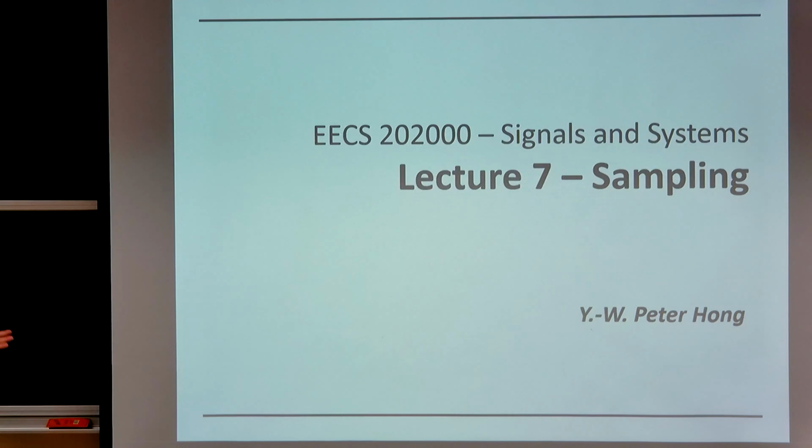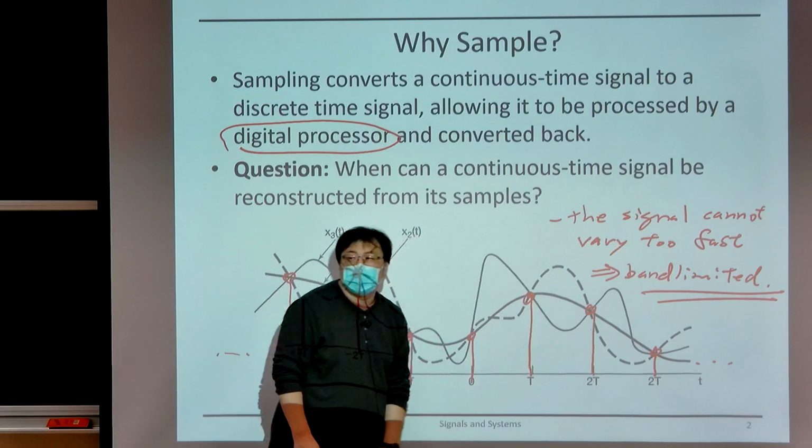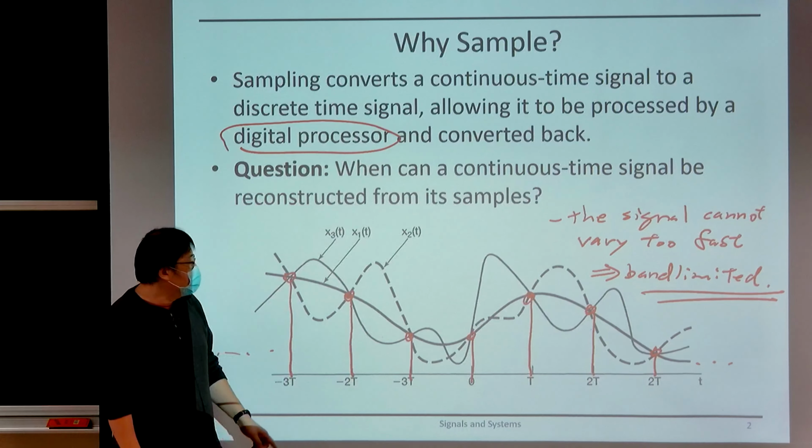Now, instead of dealing with this continuous time signal, we often would like to take samples from this signal as a representative of it. What I mean by sample is taking the values of this continuous time signal at discrete instants in time, usually at equally spaced instants in time.